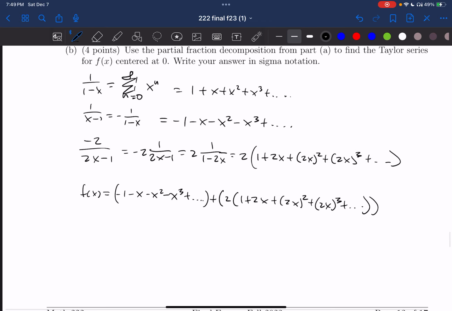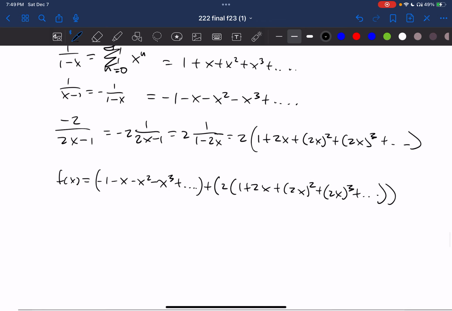Okay, now that we have this, I think we just do, so f of x will be equal to negative 1 times this. Negative 1 plus 2 is going to be a 1, and then this will be a 2 squared, this will just be an x.